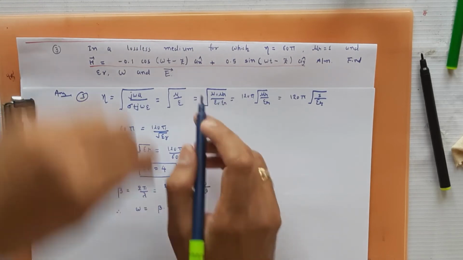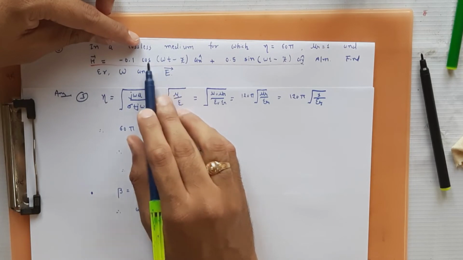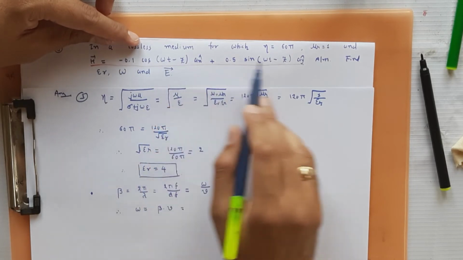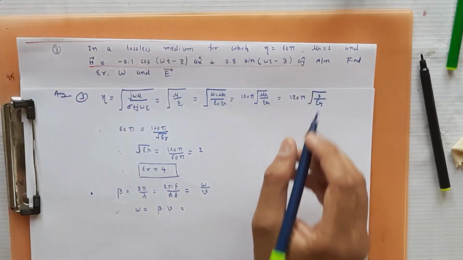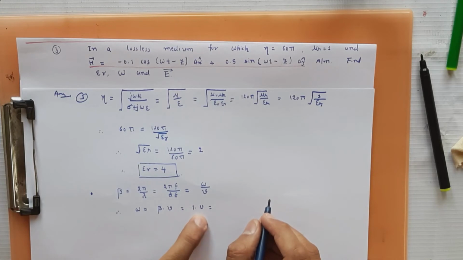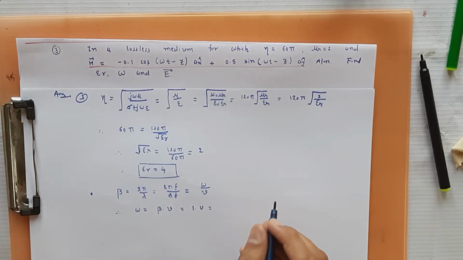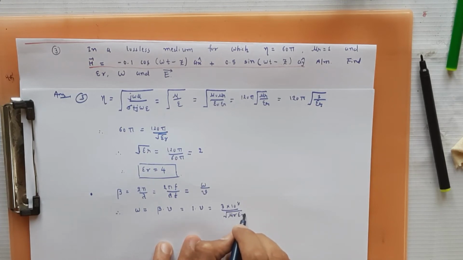In this data the beta is given. The standard equation is cos of omega t minus beta z, and of course the beta value is 1. So 1 into v, and what is v? V is the velocity of the wave, which is 3 into 10 raised to 8 divided by the square root of mu r epsilon r.